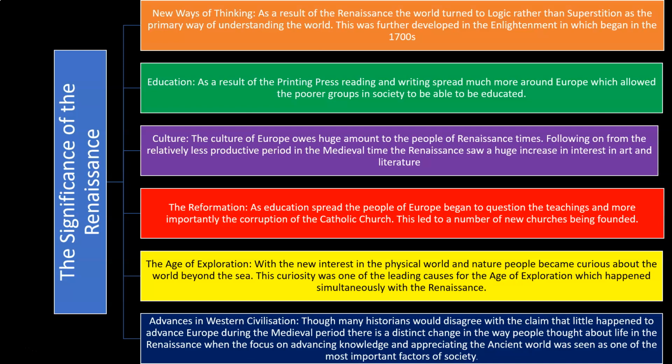But there's definitely a distinct change, and things are moving much more rapidly when we get to the time of the Renaissance, with huge development and huge movement in the way people think and view the world and culture. We can see how Western civilization, Europe in particular, is developing very rapidly towards what we see in the modern world.